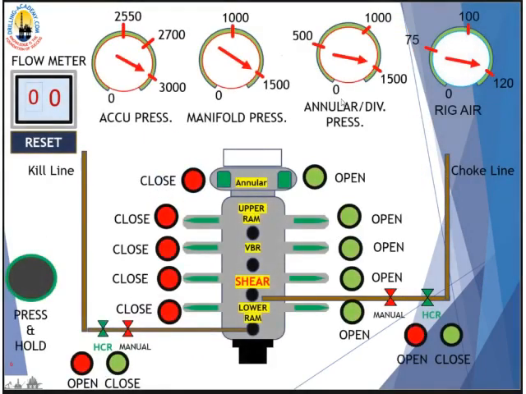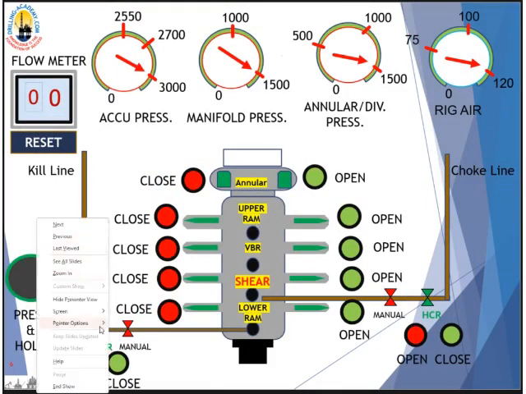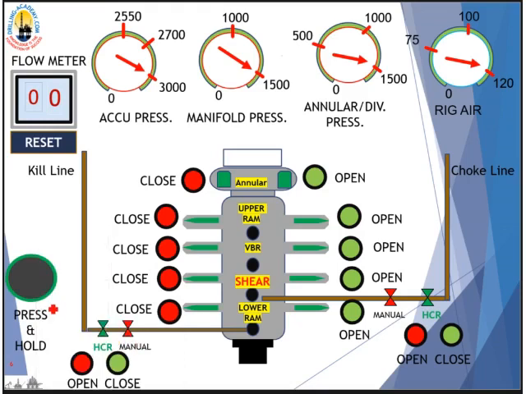Now, we come back to the close-up view of the remote control panel. We have the press and hold push button here. We keep it depressed all the time if we want to activate these functions on the BOPs and the diverter. And these are the gauges that we pay attention to. We have the flow meter to show the volume of a function.